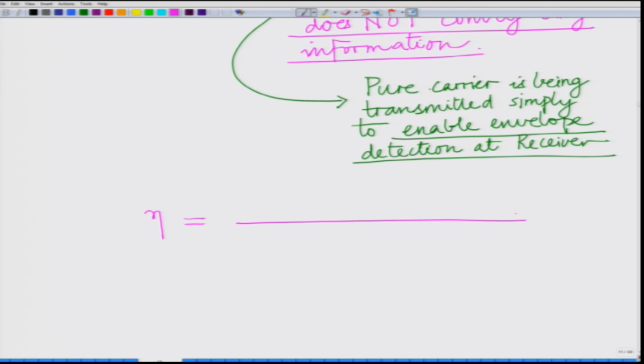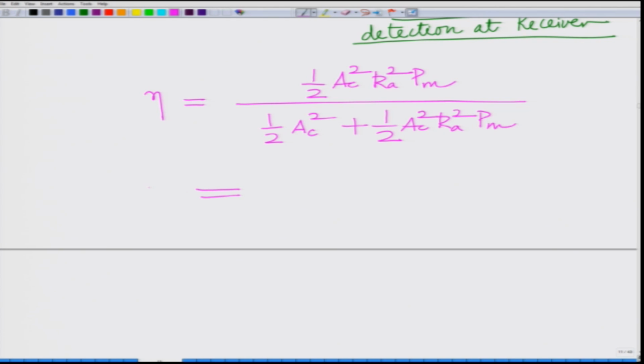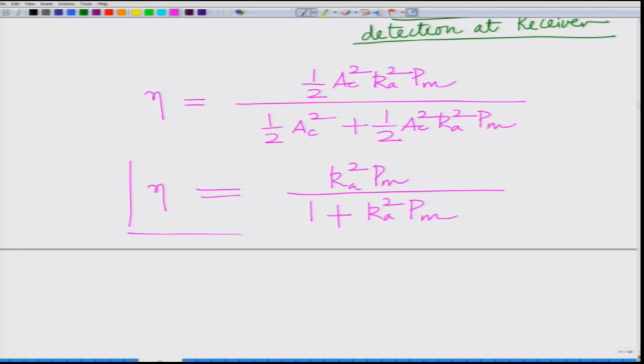the power in the carrier modulated by the message, that is half Ac square Ka square Pm, divided by half Ac square plus half Ac square Ka square Pm, which is basically, that is eta equals, well, you are cancelling Ac square, this is Ka square Pm, remember Ka is the sensitivity, Pm is the power in the message signal, divided by 1 plus Ka square Pm.